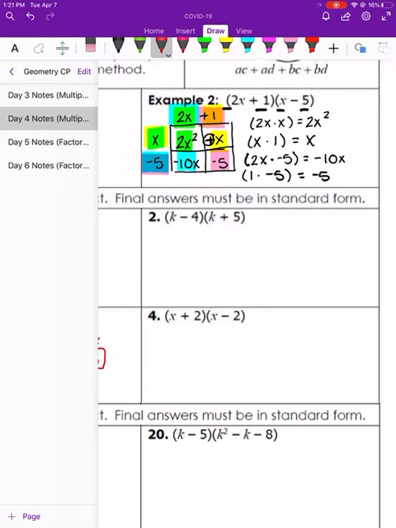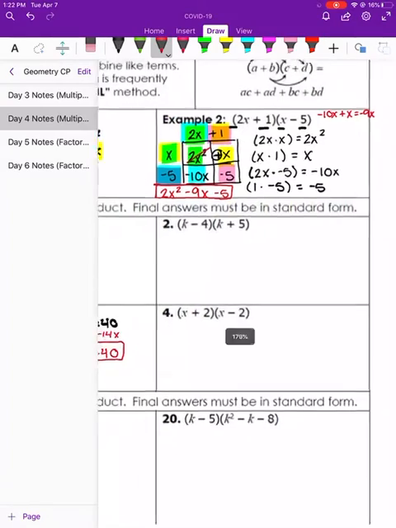Okay, so combine my like terms. I only have one x squared term, so 2x squared. Negative 10x plus an x is negative 9x, minus 5. And that is your answer.